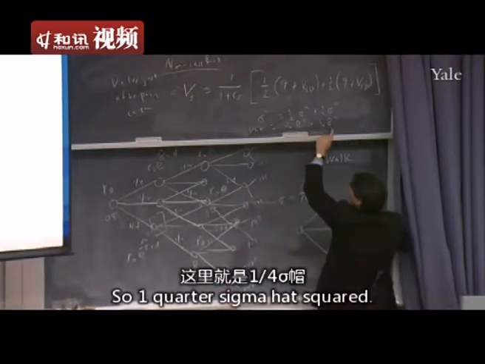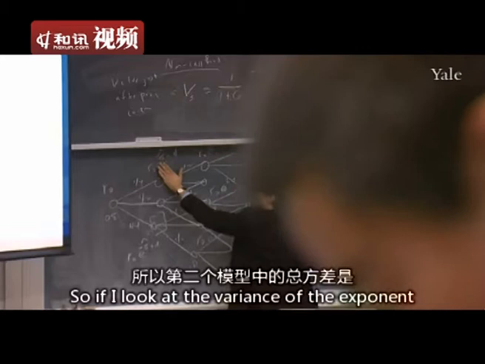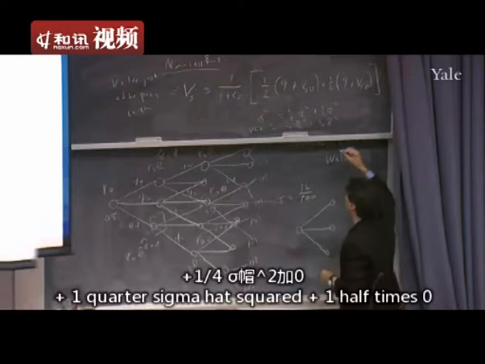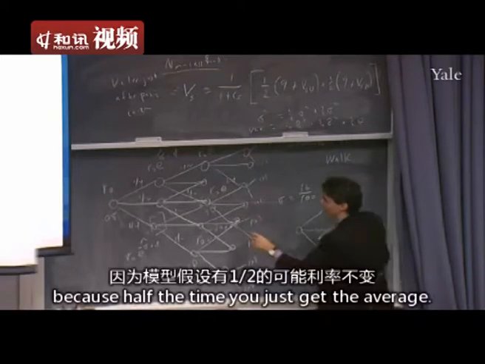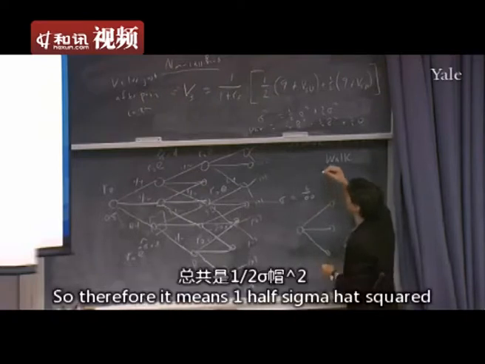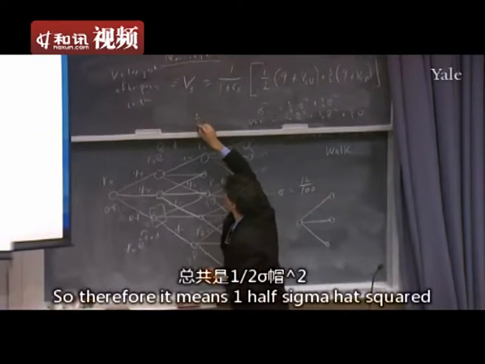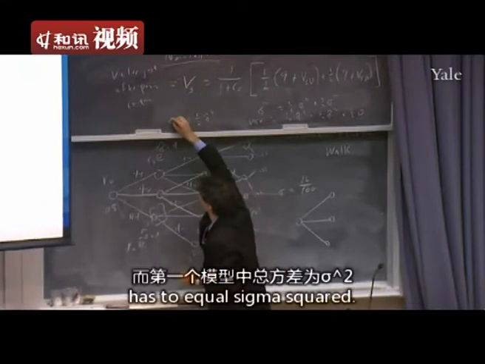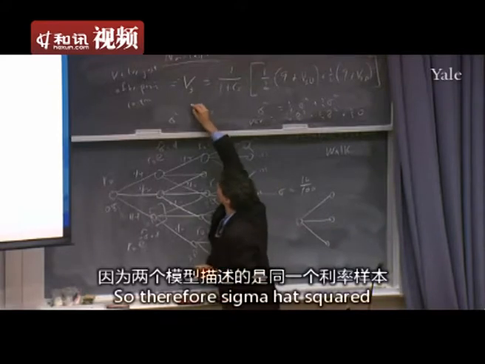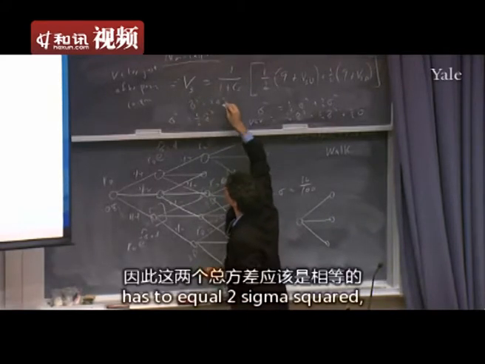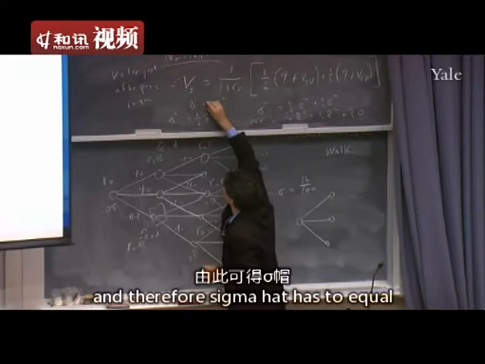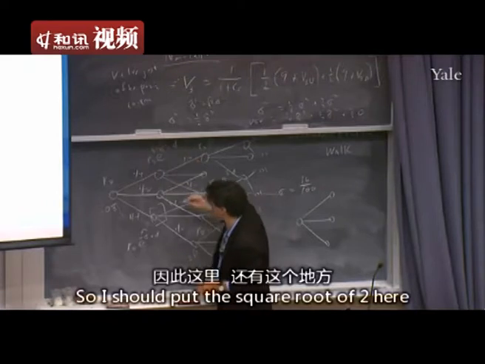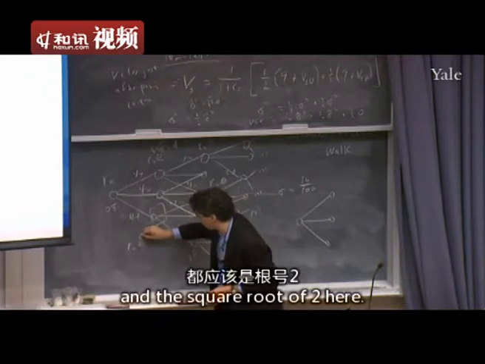The variance of the exponent is a quarter sigma hat squared plus a quarter sigma hat squared plus a half times 0, because half the time you just get the average. Therefore a half sigma hat squared has to equal sigma squared, so sigma hat squared equals 2 sigma squared, and sigma hat equals the square root of 2 times sigma. So I should put the square root of 2 here and the square root of 2 here.